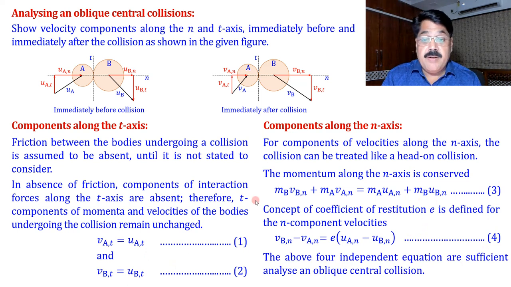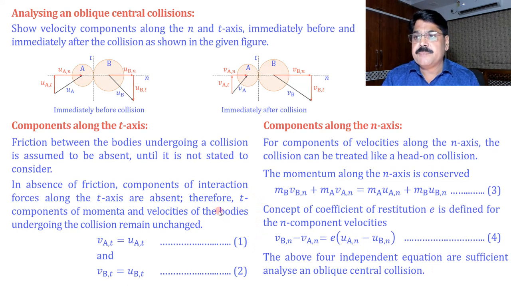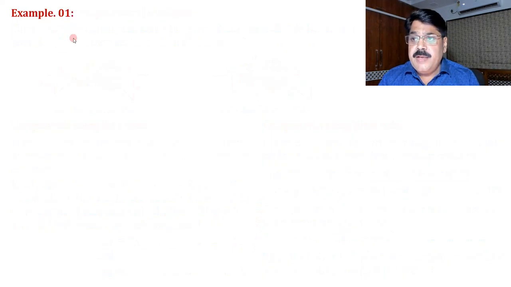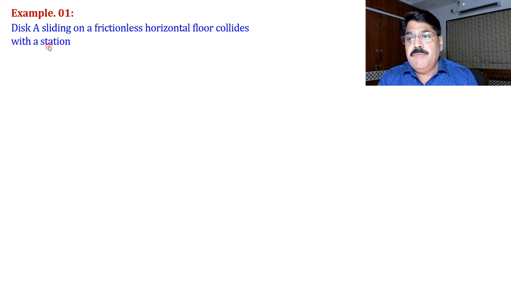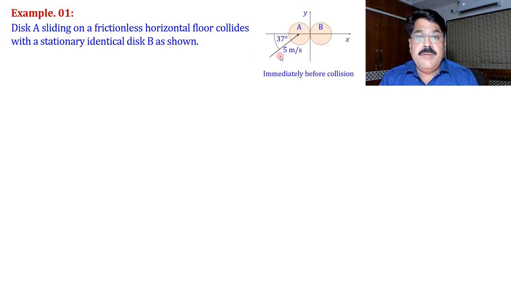Now, with the ideas we have developed, we try to implement them in some example problems. Say example 1. Disc A sliding on a frictionless horizontal floor collides with a stationary identical disc B as shown. Disc A is moving with velocity 5 meters per second at an angle of 37 degrees with the x-axis.